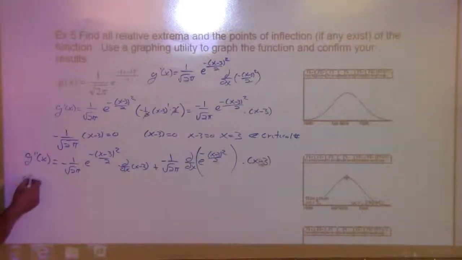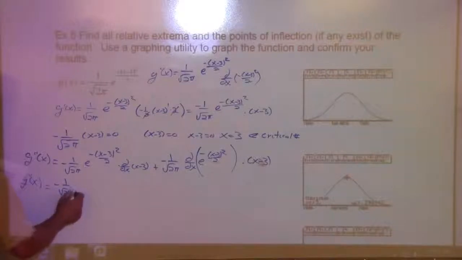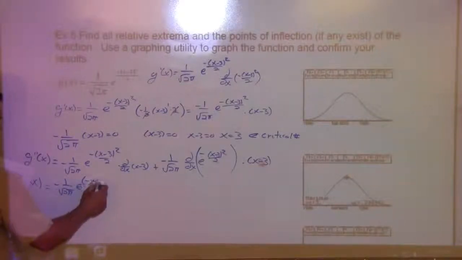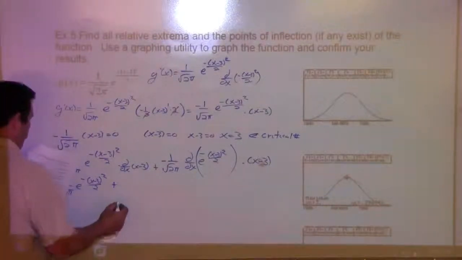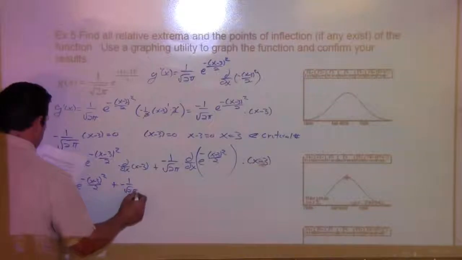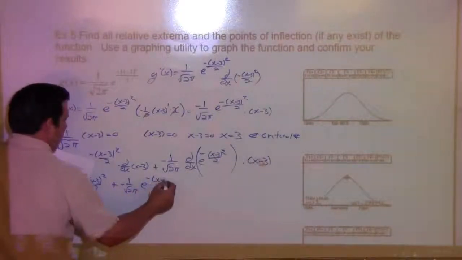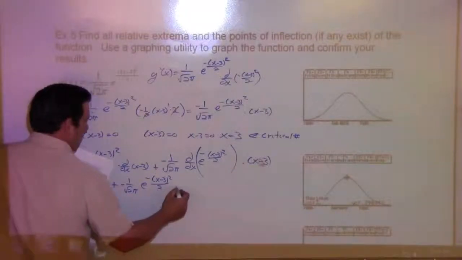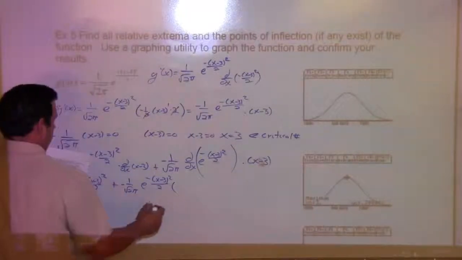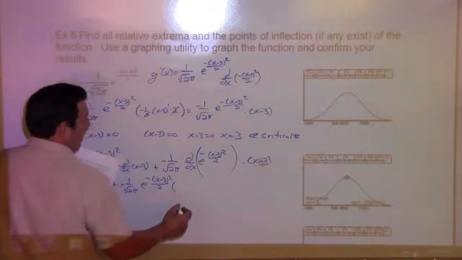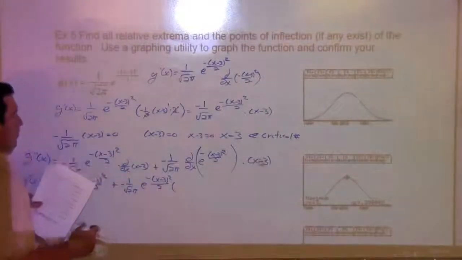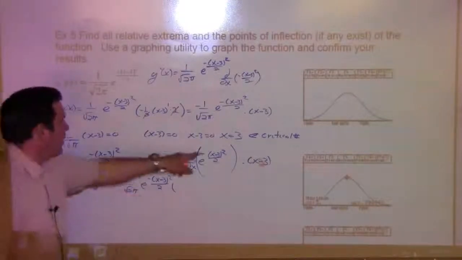So our second derivative is going to be negative 1 over the square root of 2 pi times e to the negative x minus 3 squared over 2 times this derivative of just 1, plus negative 1 over the square root of 2 pi times e to the negative of x minus 3 squared over 2 times, and then this derivative here, we have this negative.